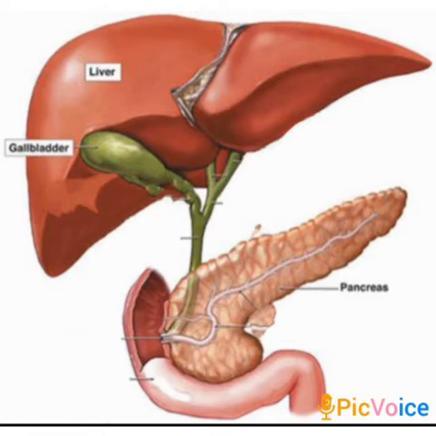And you can also see a green color structure here, that is the gallbladder. The bile juice is secreted by the liver, but it is stored in a sac called the gallbladder. Then the next one is the pancreas.